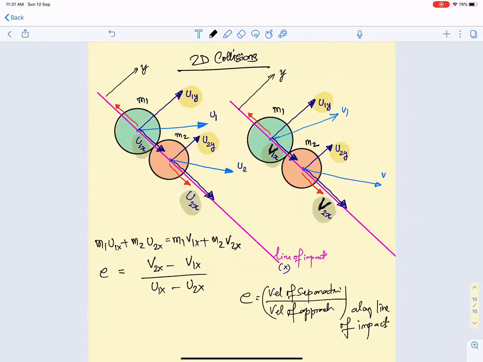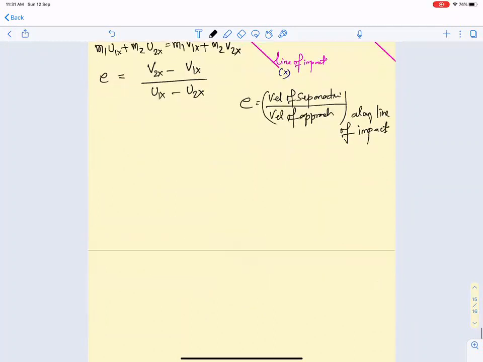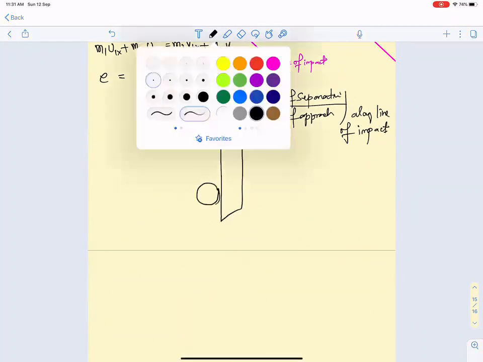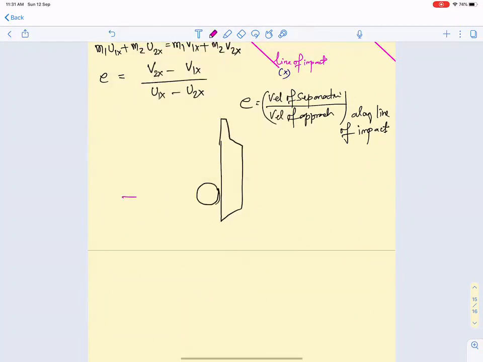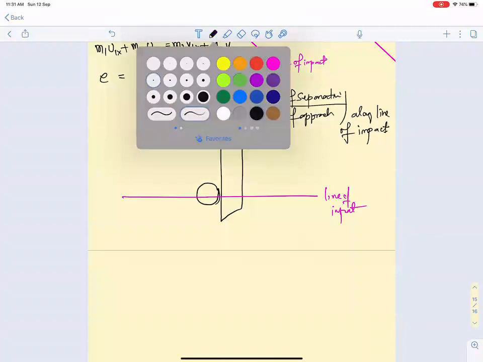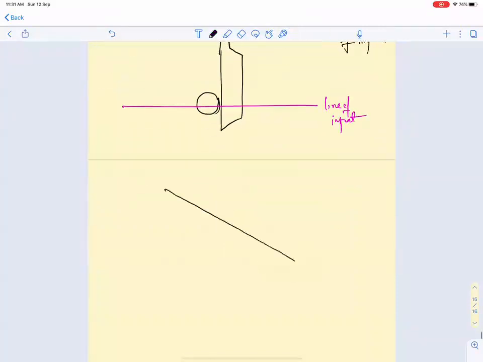Okay, so what's the line of impact? The line of impact is the common normal. That means if the ball hits the bat, obviously, this is the line of impact. It varies. It's just the common normal.